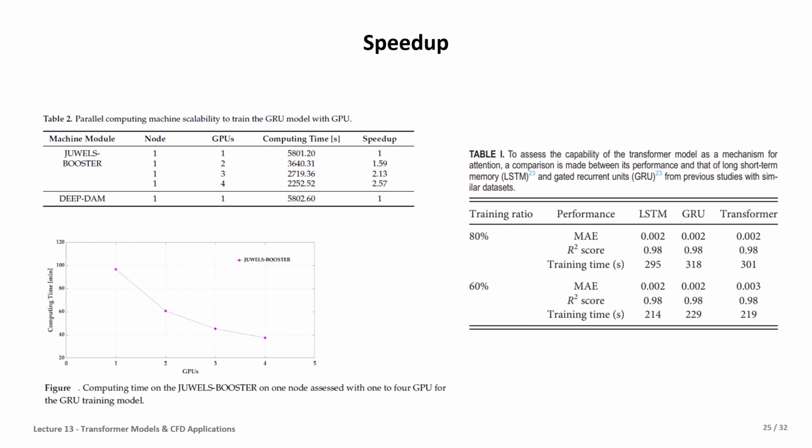And in the figure we can also see how it speeds up the training of this model. Table 1 presents the performance of the different models that we talked about, with similar data with 80% and 60% training. We also saw that the transformer works faster with a similar data set than GRU and LSTM.